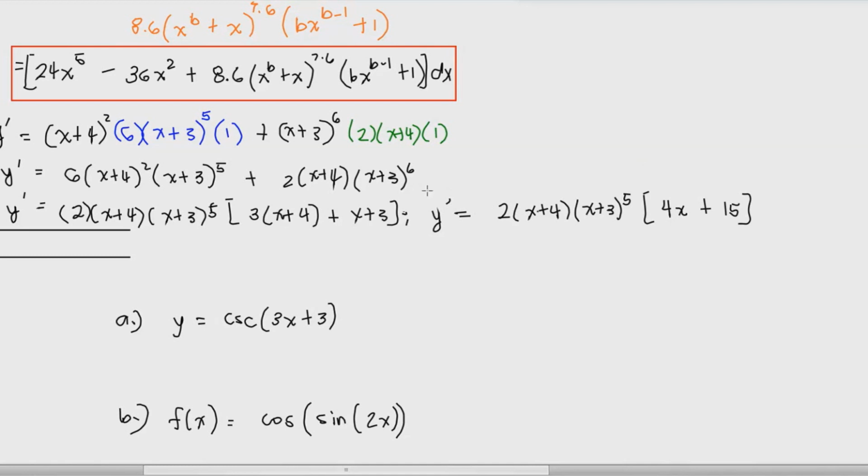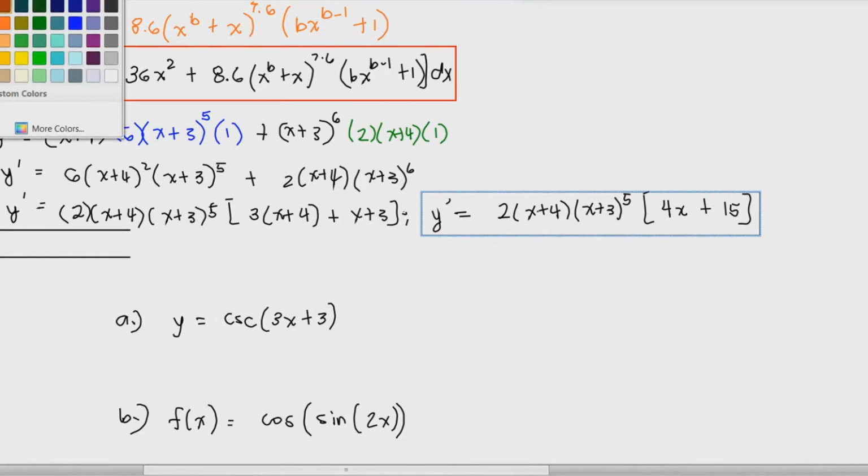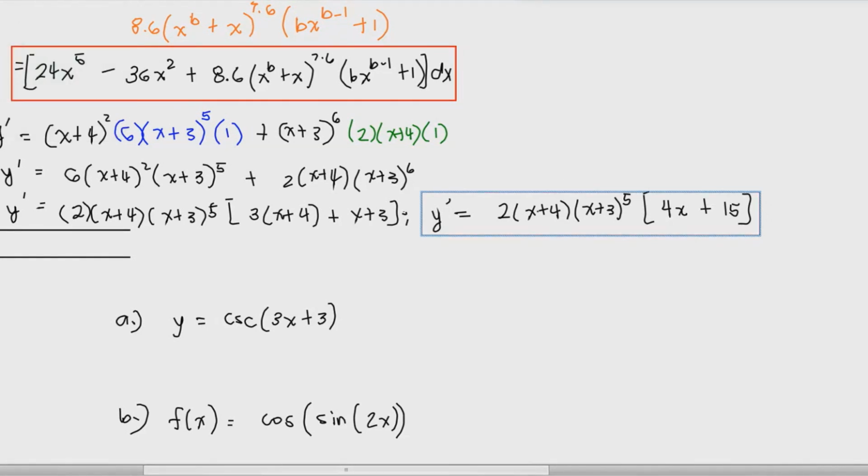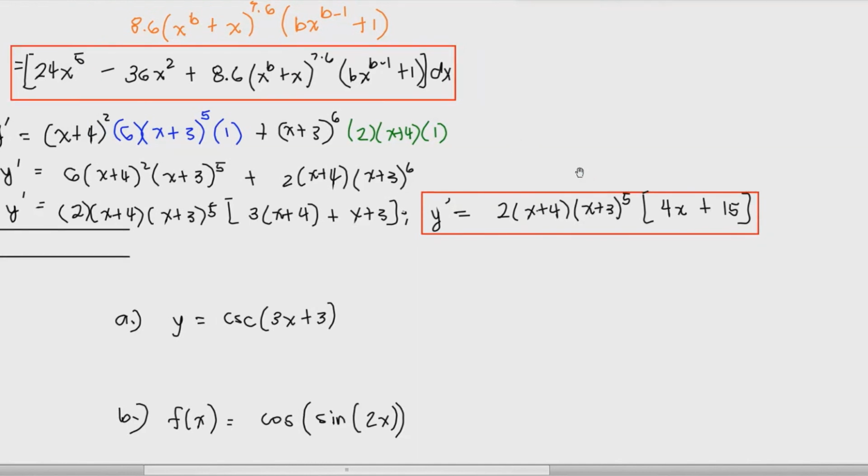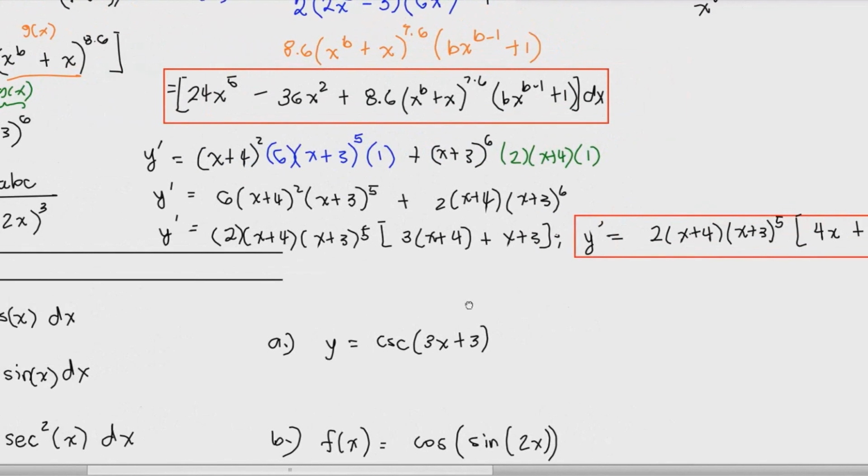So this is your final answer. And this is the most simplified form for that. I hope I got the correct addition for that. 3x plus x will be 4x, and then 12 plus 3 will be 15. Okay, good.